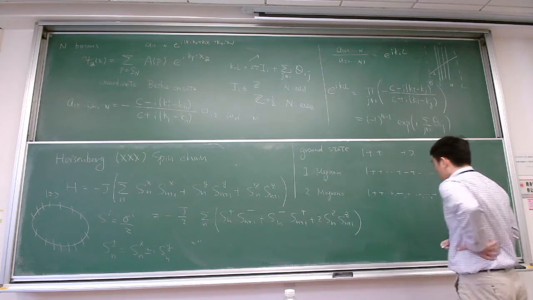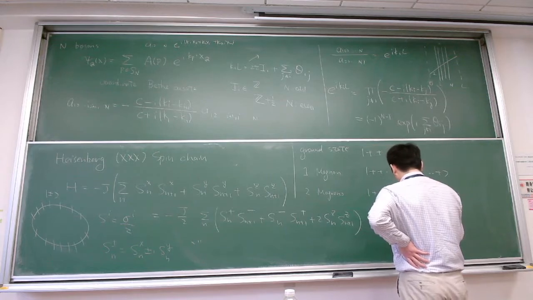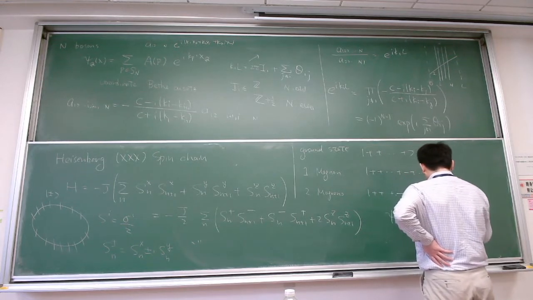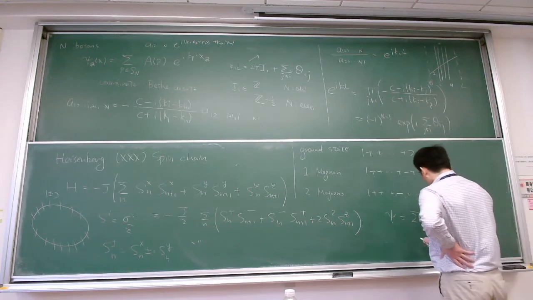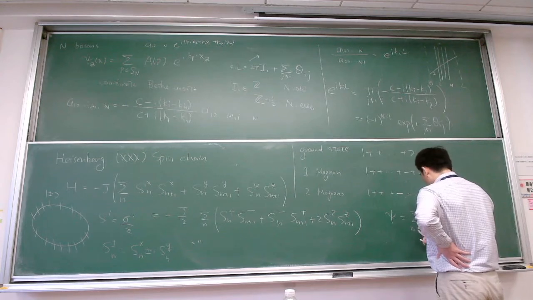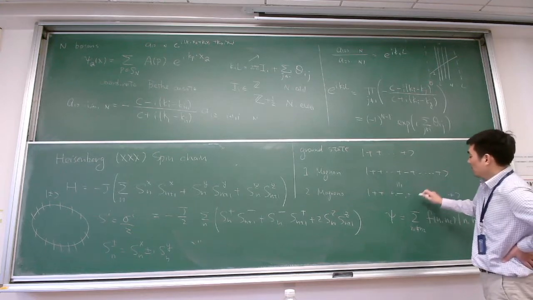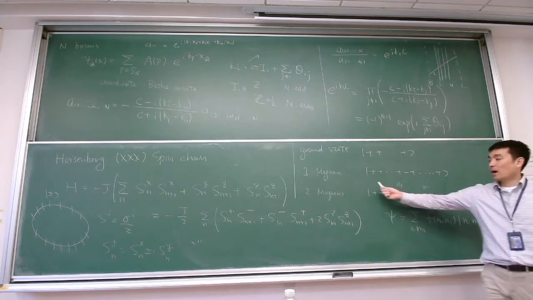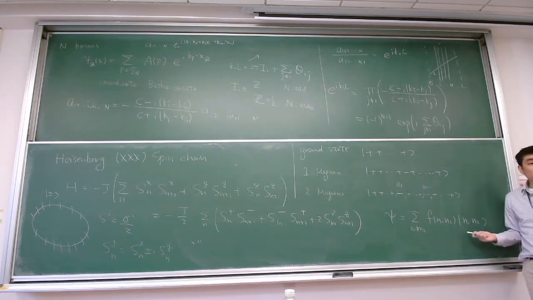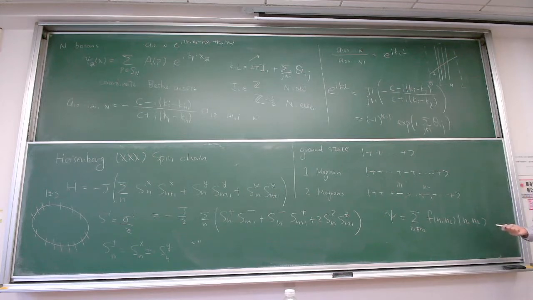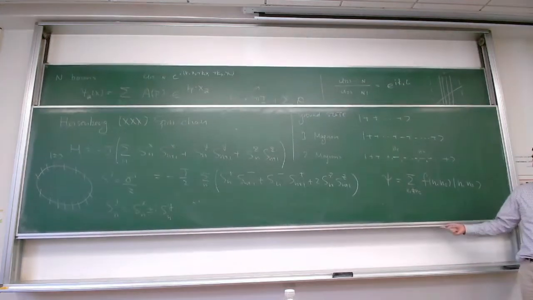So essentially for two magnon states, the wave function is a sum over f of n1 and n2, with n1 not equal to n2, where n1 and n2 are the positions. The minus sign appears for n1 and n2, and you consider a linear combination of them. And here f again we use the Bethe ansatz.